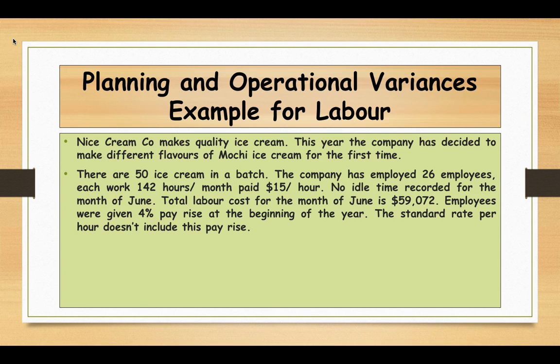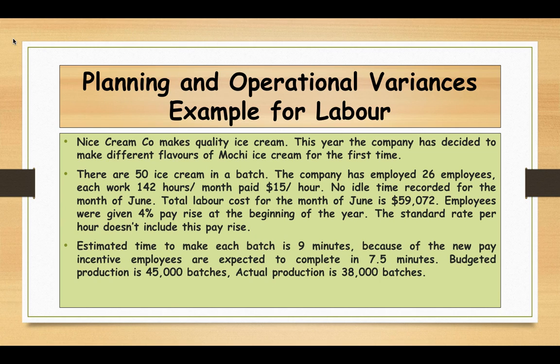$59,072. Employees were given a 4% pay rise at the beginning of the year. The standard rate per hour doesn't include this pay rise. Estimated time to make each batch is 9 minutes. Because of the new incentive, employees are expected to complete in 7.5 minutes.